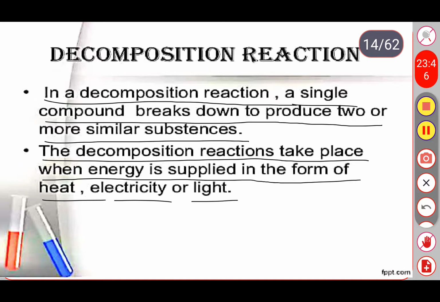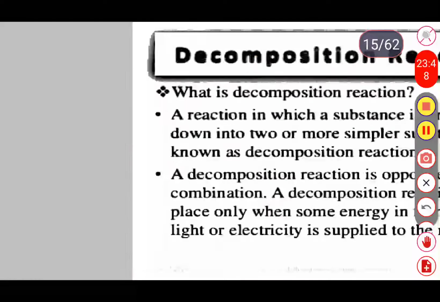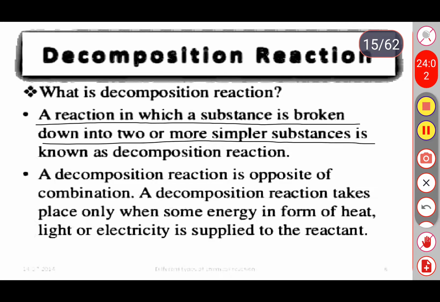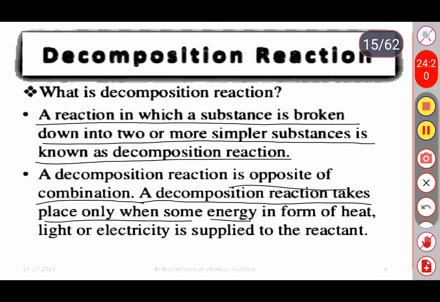Decomposition reaction. A reaction in which a substance is broken down into two or more simpler substances is known as a decomposition reaction. So as we already discussed, decomposition reaction is the opposite of combination reaction. A decomposition reaction takes place only when some energy in the form of heat, light or electricity is supplied to the reactants.